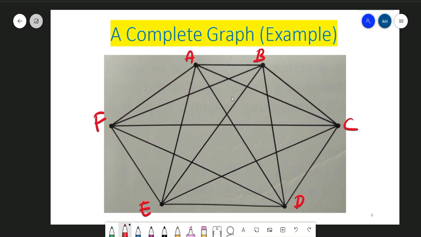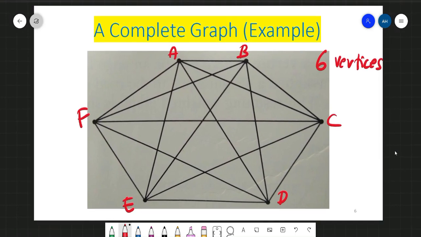Now, if we have, for example, 1, 2, 3, 4, 5, 6, like in this case, we have 6 vertices, right? Now, in order for this graph to be complete, from each vertex there must be 5 edges going out from each vertex.